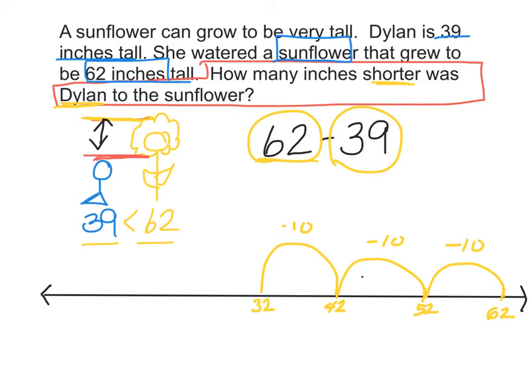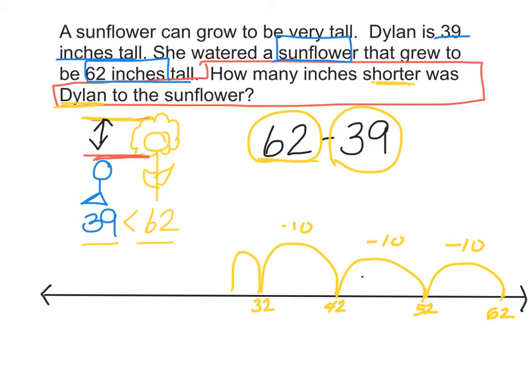Now think for a moment. We have 10, which we subtracted, 10 and 10. So far that's 30. Remember, we want to subtract 39, so we're almost there. So right now, subtracting 30, we're at 32.